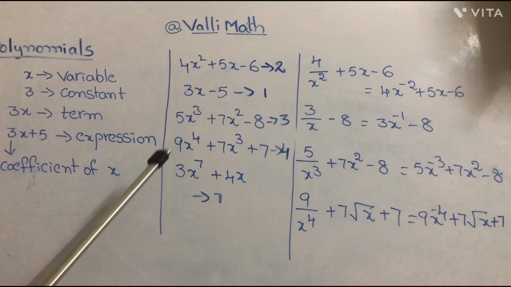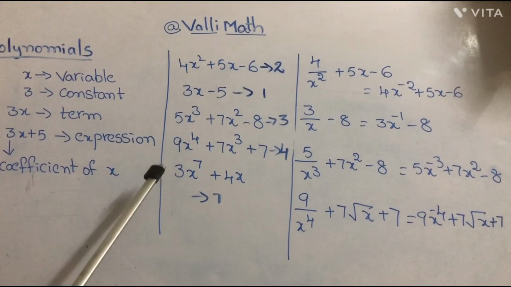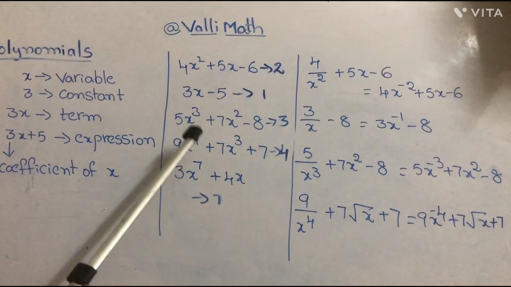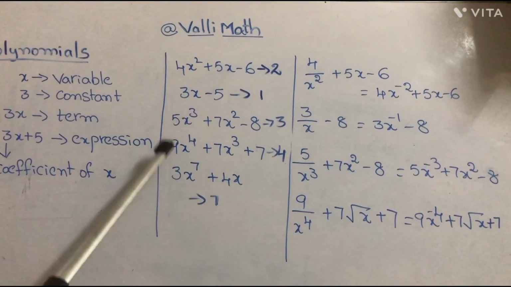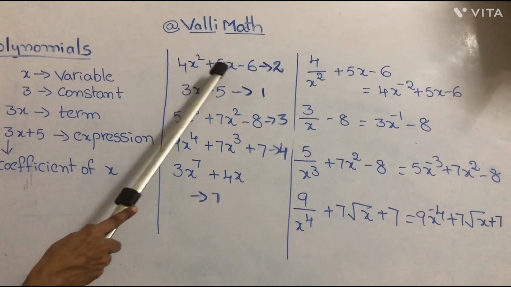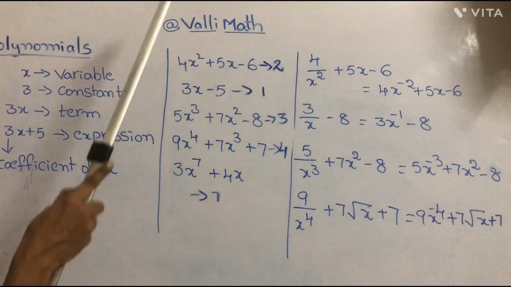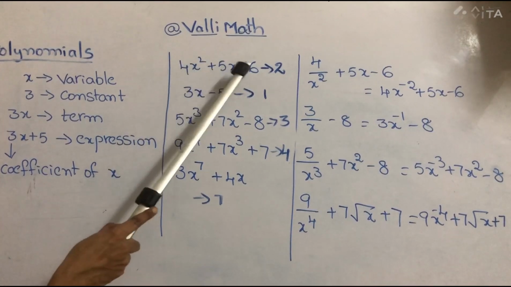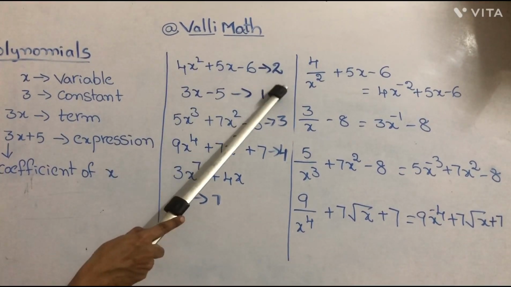Now coming to the properties of polynomials. See here the variables are having positive powers, that is the major property. The highest power of the variable is the degree of the polynomial. In this polynomial, the highest power is 2.